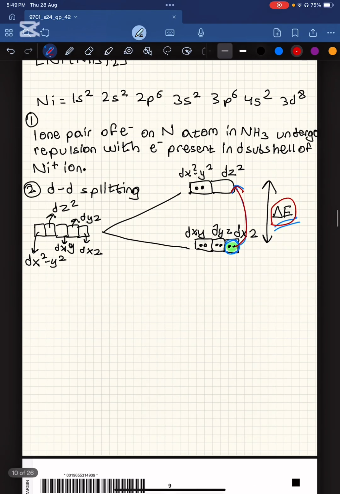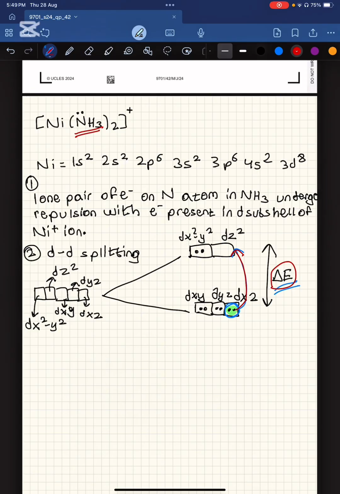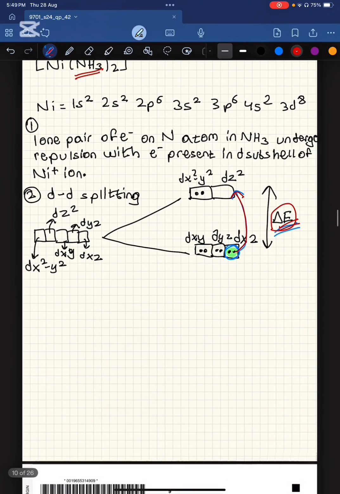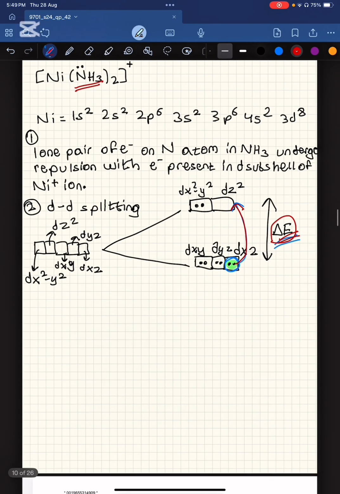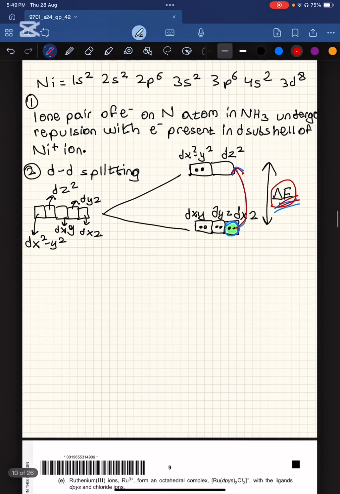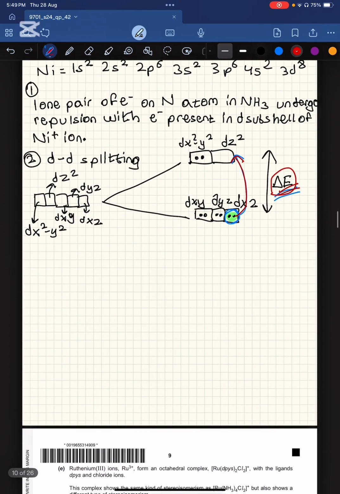Now, let's understand this. Different complexes have different delta E values, correct? Your syllabus also makes you understand where the different delta E values come from. These two factors, the nature of the ligand and the nature of the transition metal ion, you don't need to know that for now. Just understand different complexes have different delta E values, which means that electrons, if they need to jump from a lower to higher energy orbital, need to absorb different amounts of energy each time.